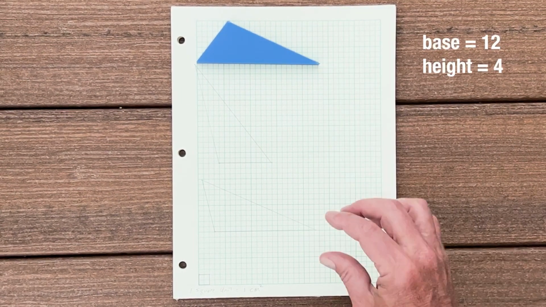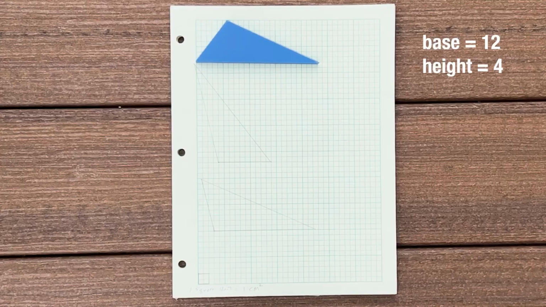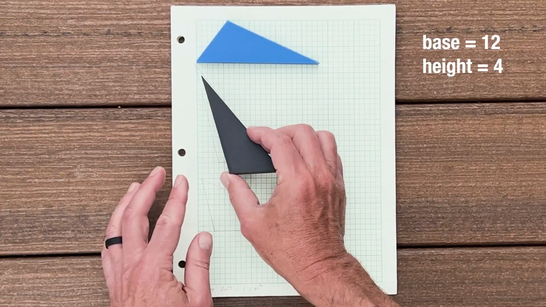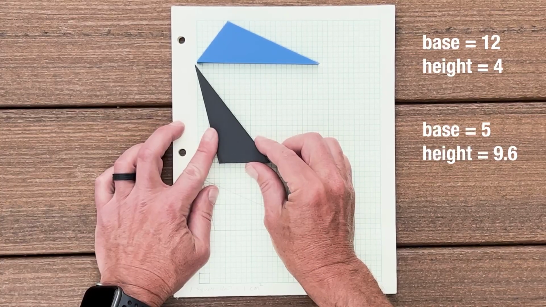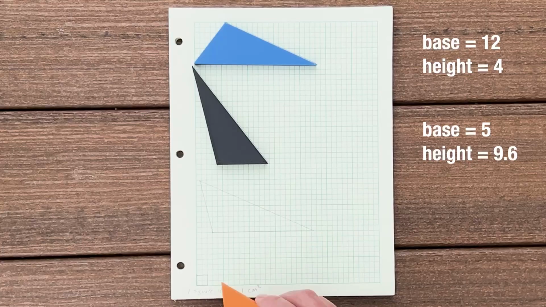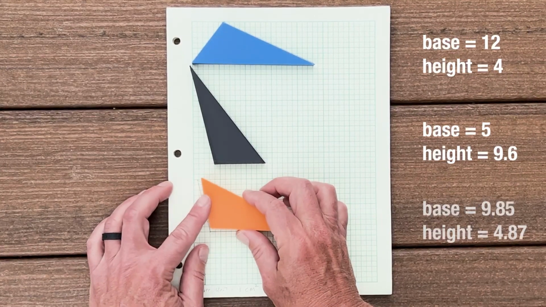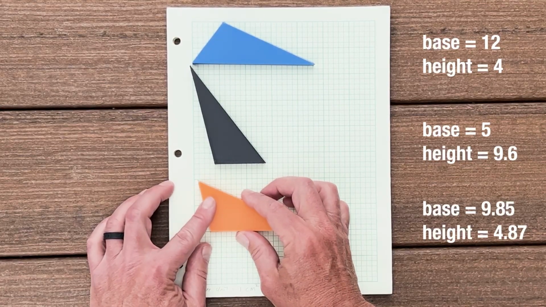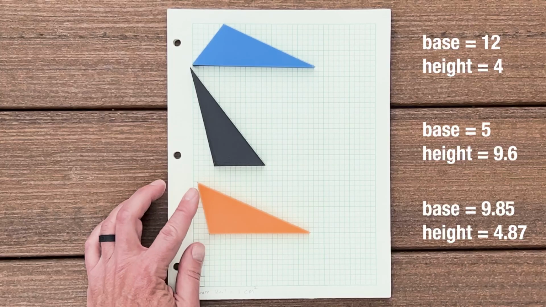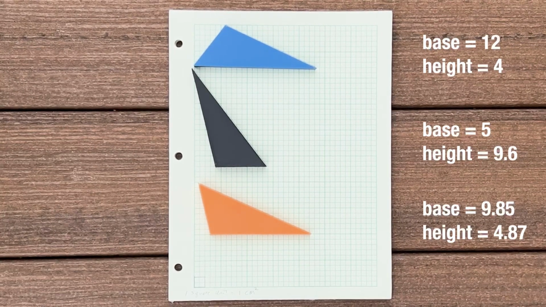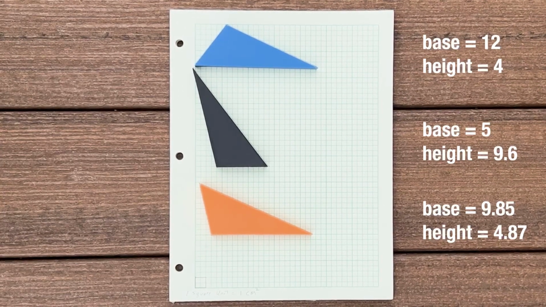Blue has base 12, height 4, so the rectangle and parallelogram's area are 48. Black has base 5 and height 9.6, and orange has base 9.85 and height about 4.87, both producing area 48 for the rectangle and parallelogram within rounding differences. And of course, the triangle area is 1/2 times 48, or 24.